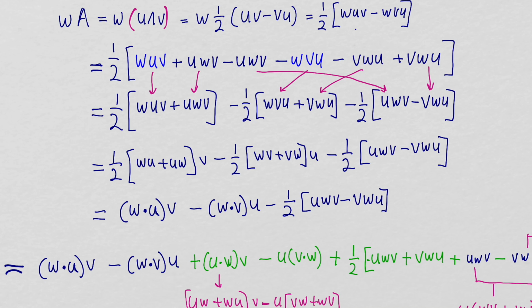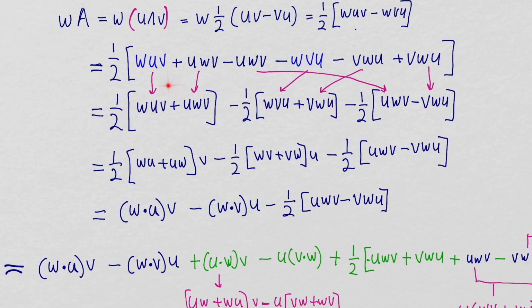And then, of course, we're going to cleverly regroup, and we get WUV plus UWV for this first term, and then WVU plus VWU, with the minus sign coming out in front. And then the things that are left over are this minus UWV and this plus VWU, which is correct if you add these minus signs. So I've got these little arrows showing us how we're going to regroup things.